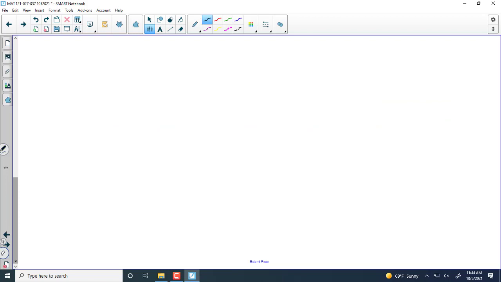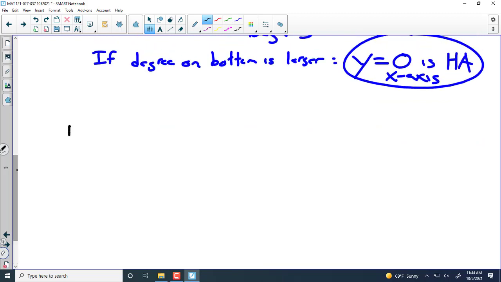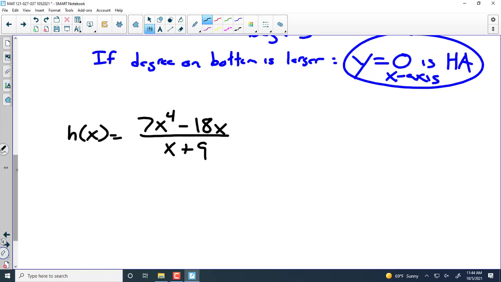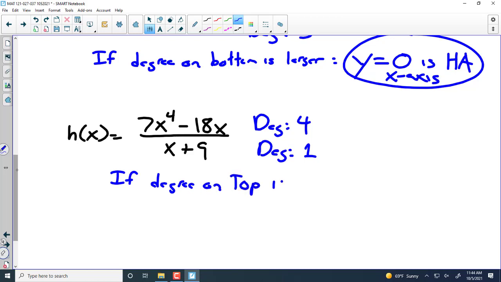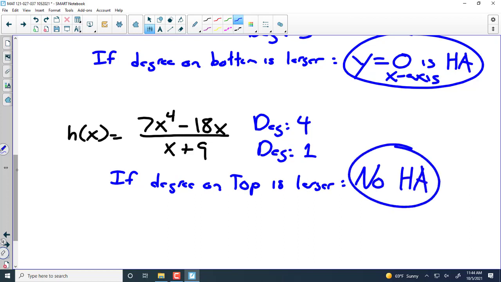And what's our final option? 7x to the 4th minus 18x over x plus 9. Degree 4 over degree 1. If the degree on top is larger, you don't have a horizontal asymptote.